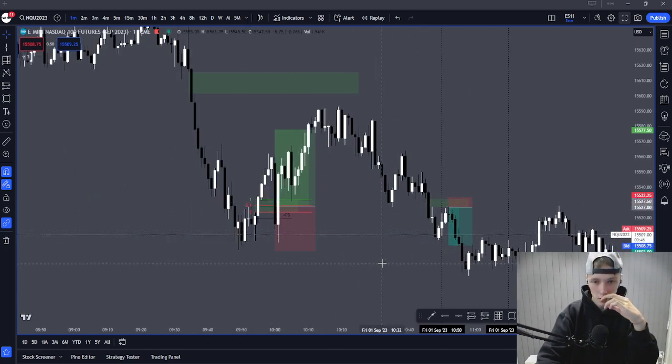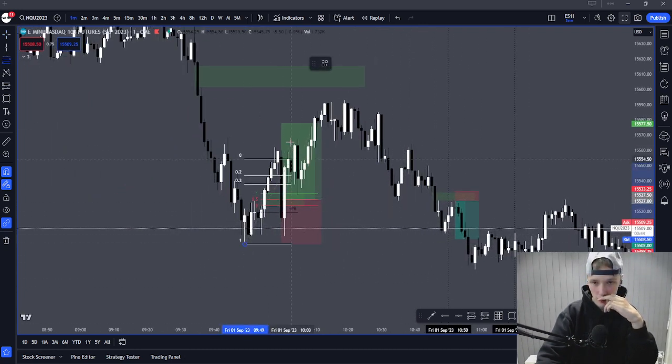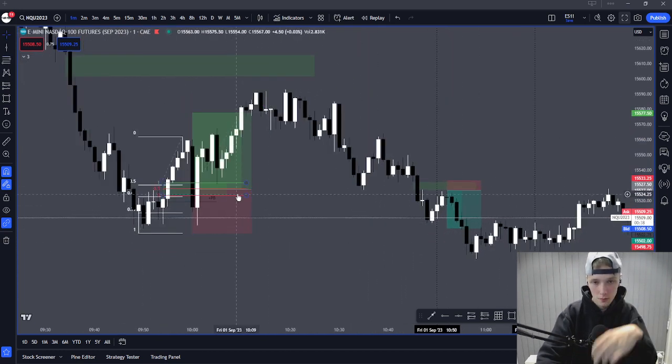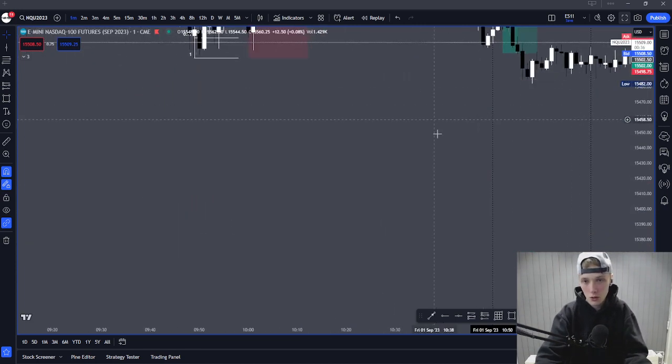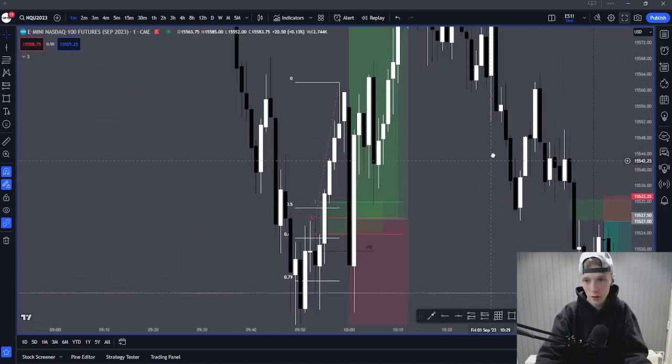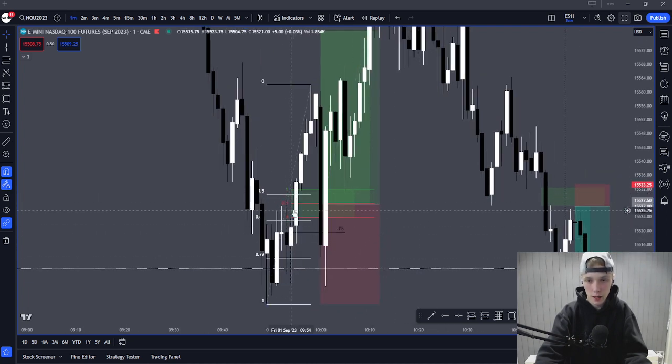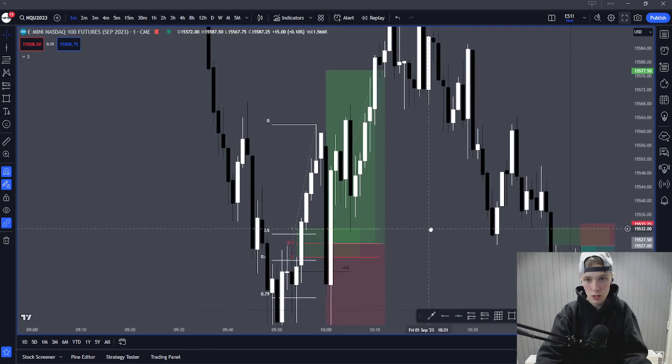I also want to mention I had a fib marked out on this. So this is what my chart looked like when I was taking the long. I had this propulsion block marked out. I had this fib marked out. I had this fair value gap with main threshold marked out.